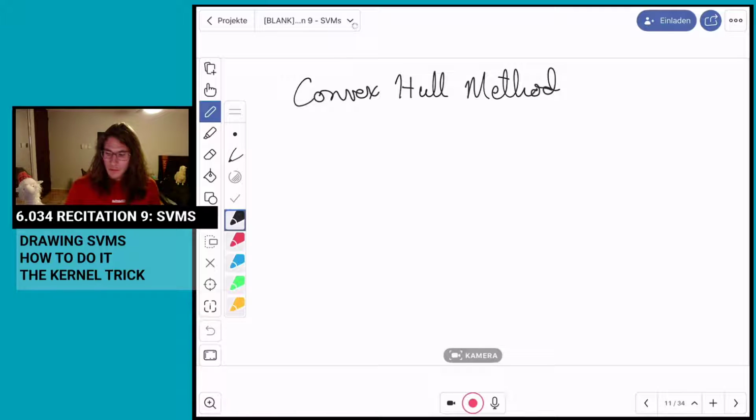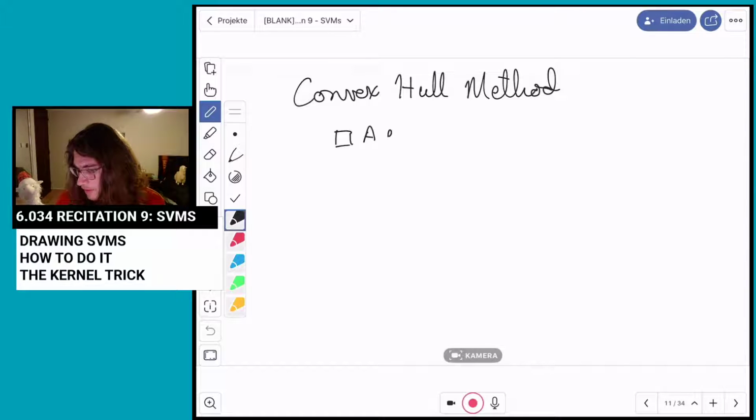So while we're on the subject of drawing boundaries, and I'm looking around my desk because I'm missing my presentation prop. No, I have it on hand. So the convex hull method is something that we teach here in 6034, of course, for you to visualize where the decision boundary is supposed to go.